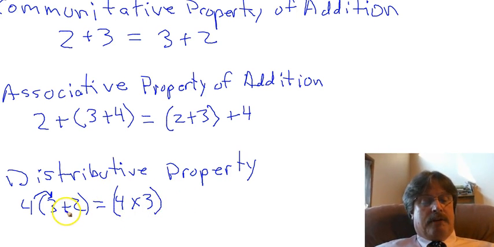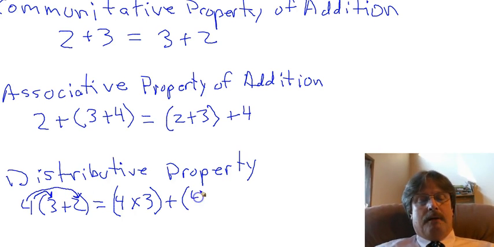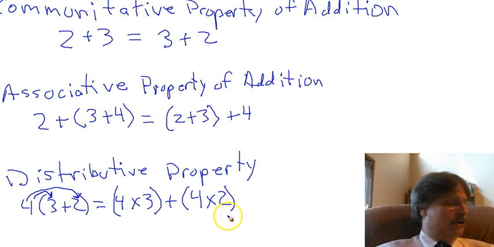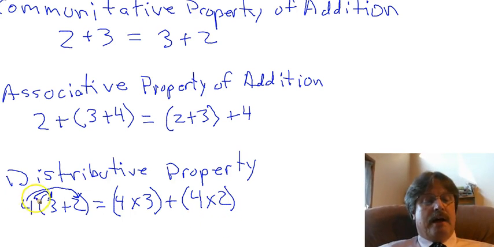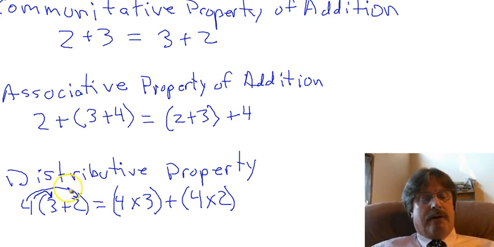And then I take the sign right here, which is addition, so plus. And now I take the 4 times 2, so that becomes 4 times 2, and that is my other group in my distributive property. So what I've done is I've simplified this, 4 times 3 plus 4 times 2. So this is called factored.